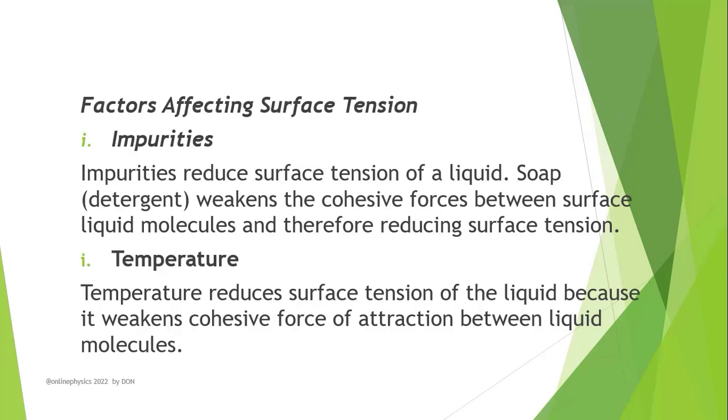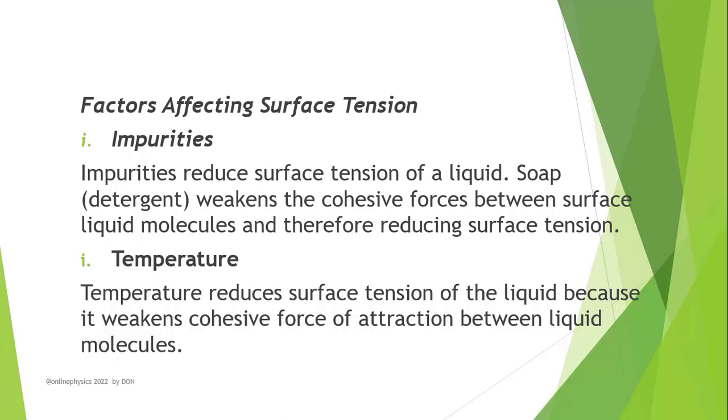Then now, this surface tension can be affected by some factors. And the first factor we want to talk about is impurities. We want to look at impurities like soap, like paraffin being added to maybe a liquid like water.